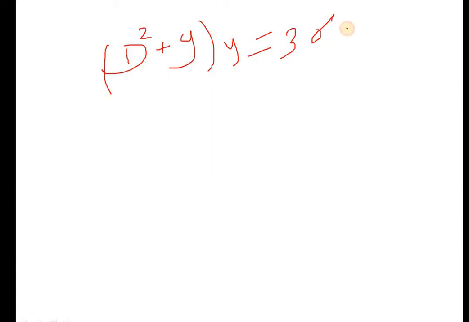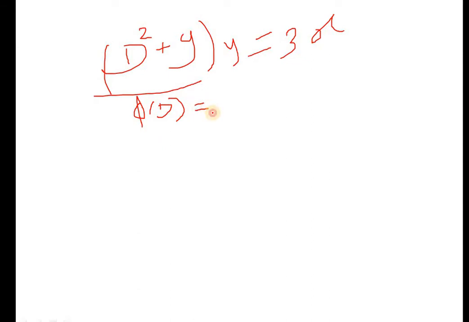Let us see an example. Suppose my differential equation is D square plus 9, into y, is equal to 3x. What is my auxiliary equation? This is my phi of D, and I equate this polynomial in D to 0.